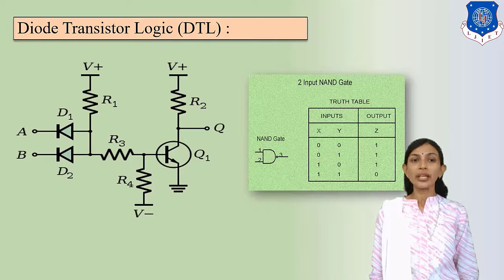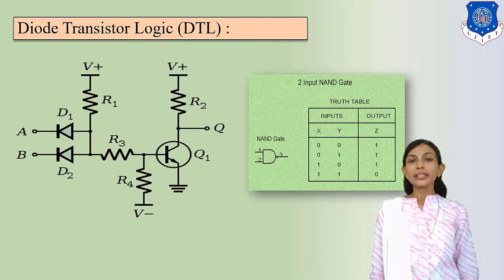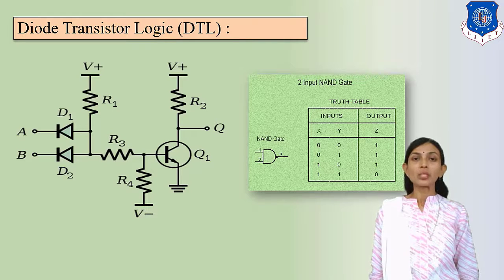If both diodes are off, means reverse biased, then higher voltage appears at the base terminal of Q1, and therefore Q1 will be forward biased. If the transistor is turned on using plus voltage, then the output will be 0. So the final output of DTL will be 0 for the input combination 1 1.